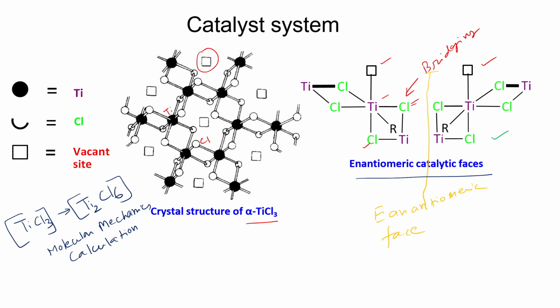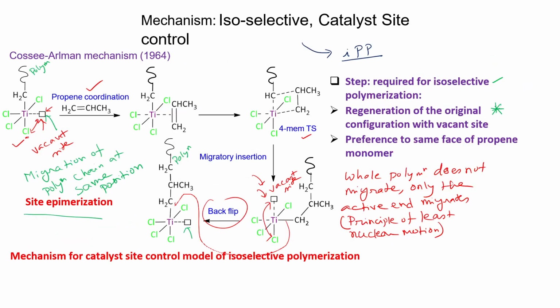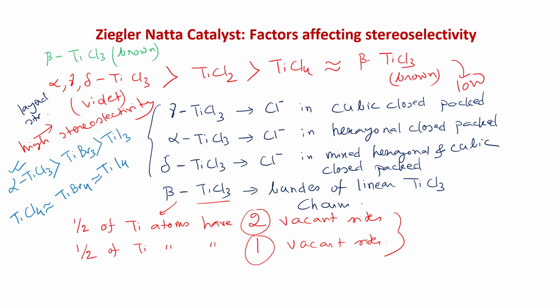For this kind of case, if you see, two enantiomeric catalytic sites are there, so that's why the stereotactic polymers are formed, and different mechanism proposals are there. Here, after migratory insertion, you can see a back flip is happening, so that's why the stereoregularity is maintained, and for this beta.